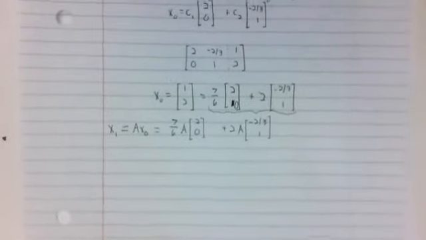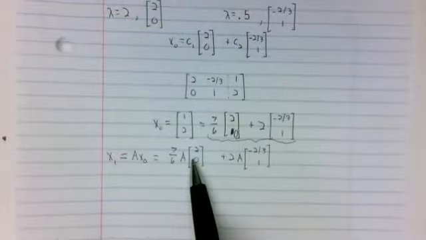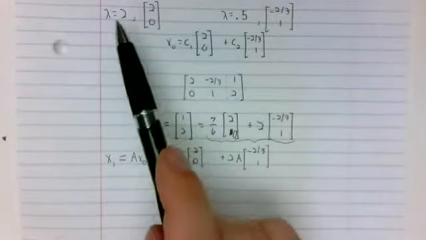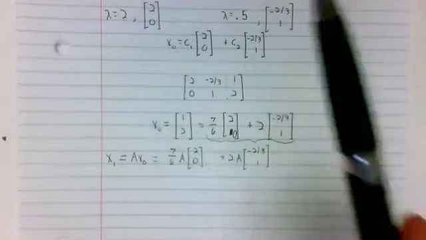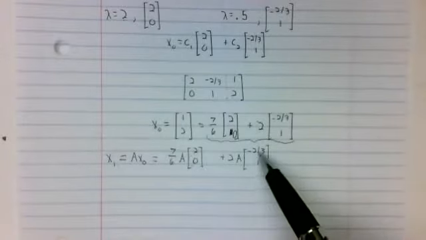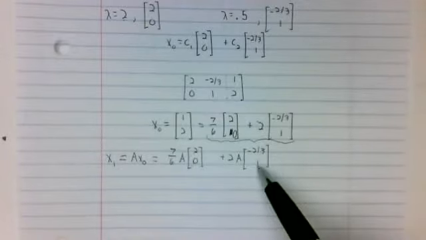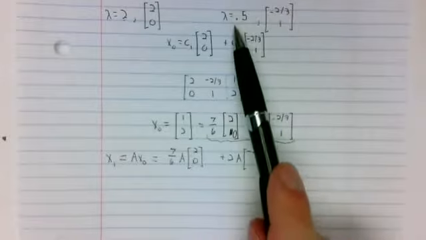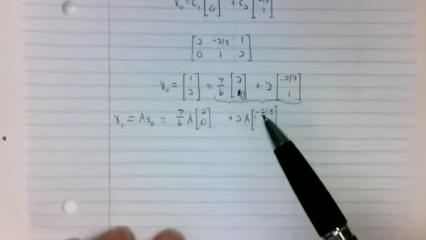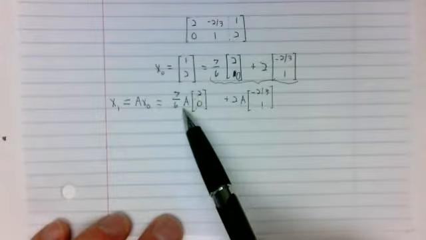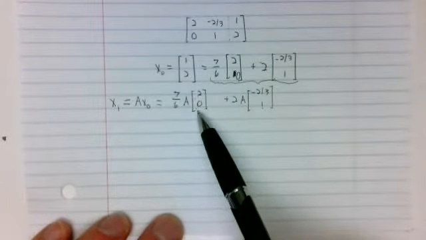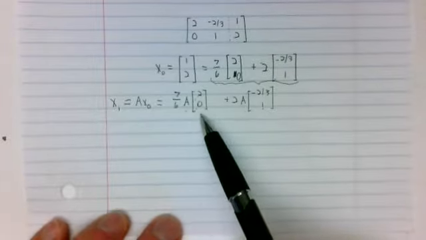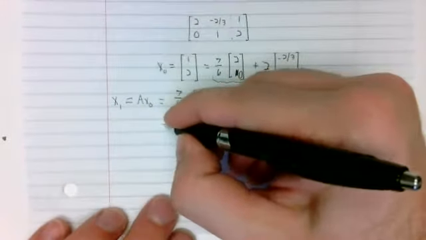Okay, but this 2, 0 is an eigenvector associated with the eigenvalue 2. And this negative 2/3, 1 is an eigenvector associated with the eigenvalue 0.5. And a matrix times an eigenvector is the scalar, the eigenvalue, times the eigenvector.